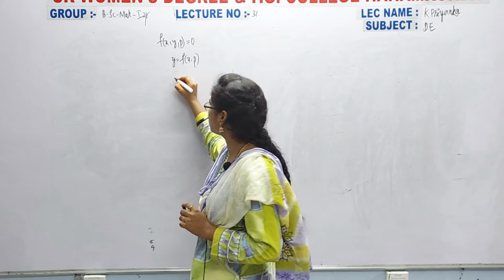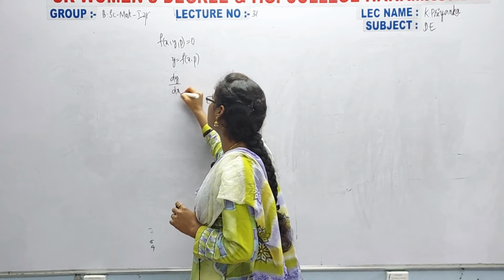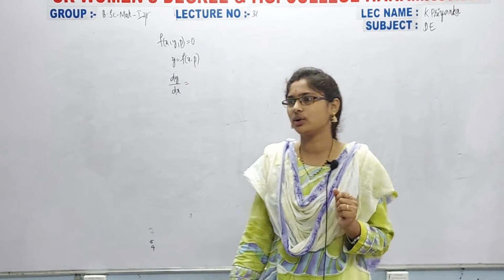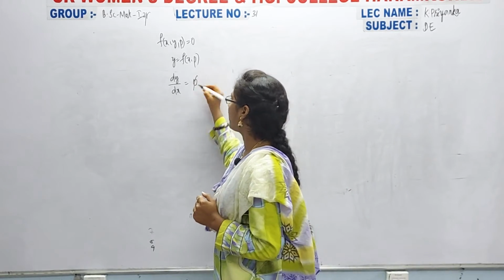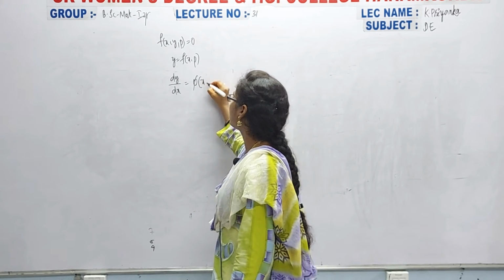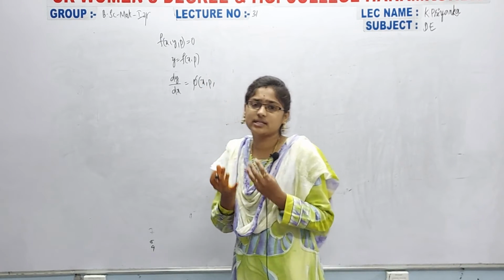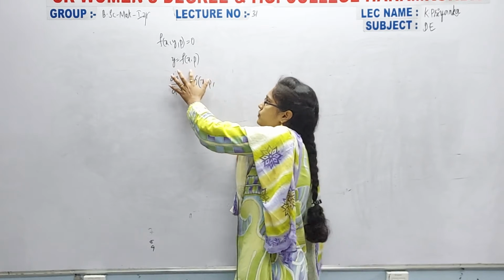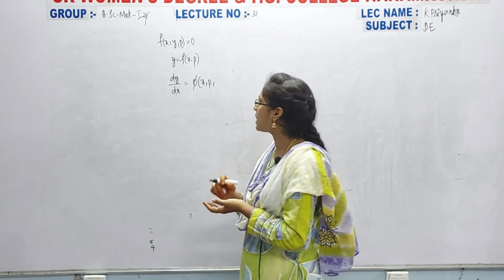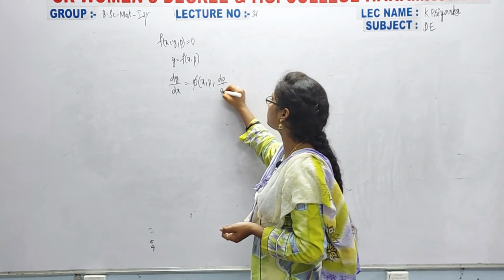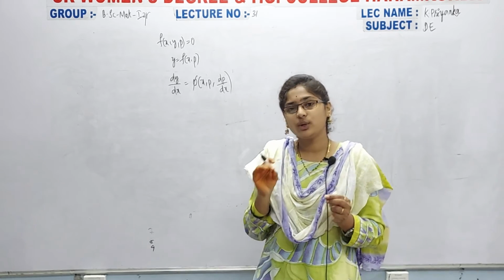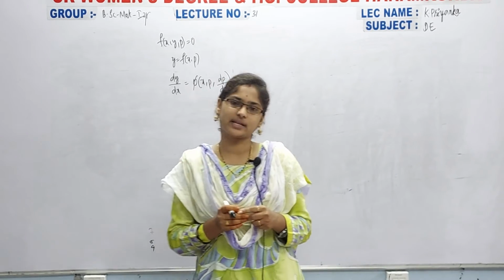By taking the differentiation of this function, we will get x terms, p terms and dp by dx terms, because we don't know what the function is, but we know it is in terms of x and p.